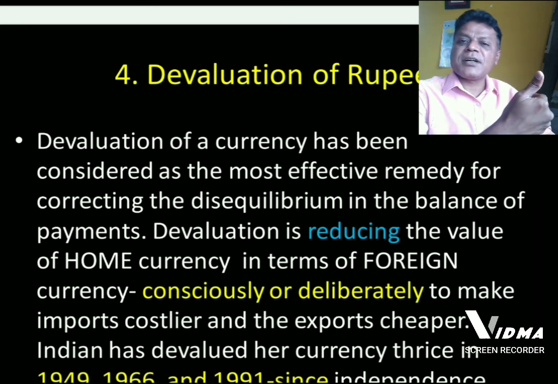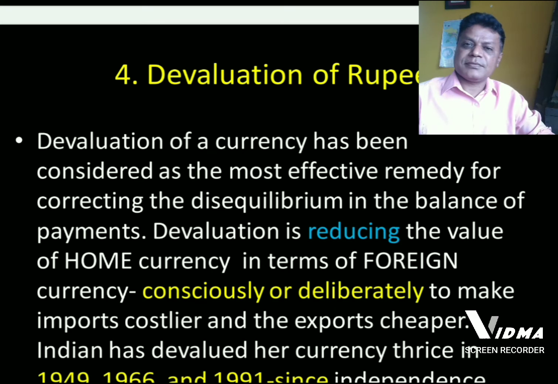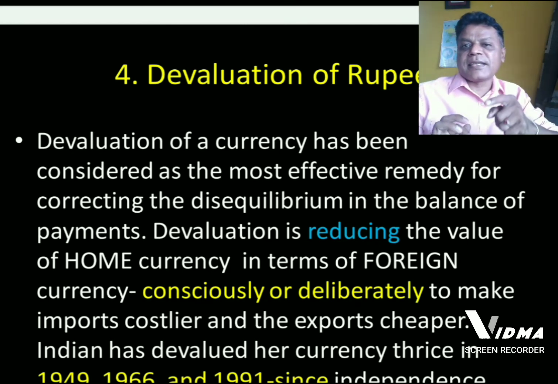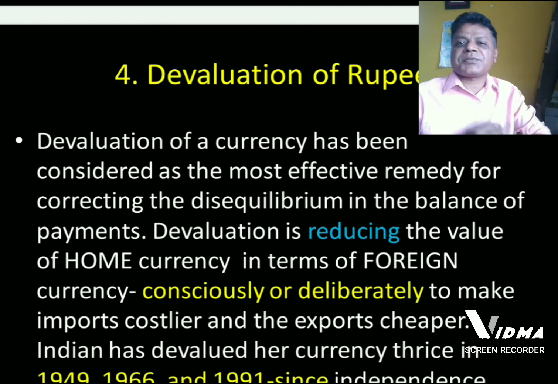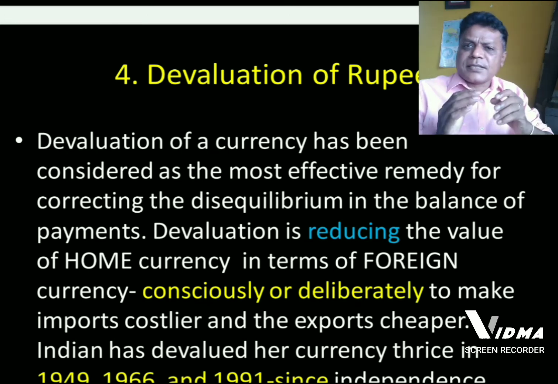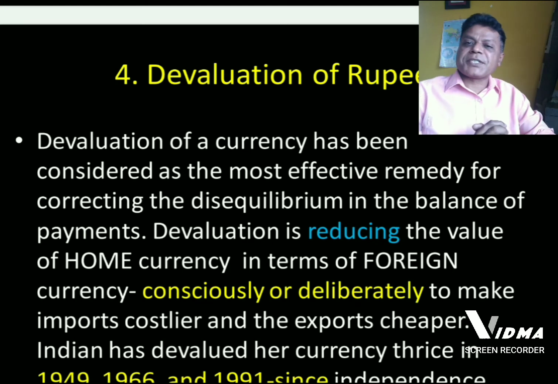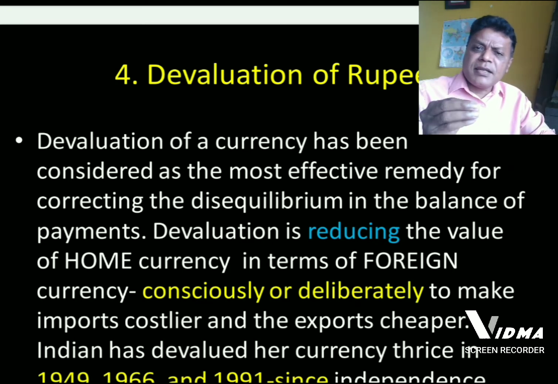Thereby it lifts our exports. On the contrary, when foreign currency is costlier for us, we demand less of it and thereby it discourages imports. This is how devaluation helps to overcome deficit in the balance of payment. This is the meaning of devaluation, which is shown on your screen.